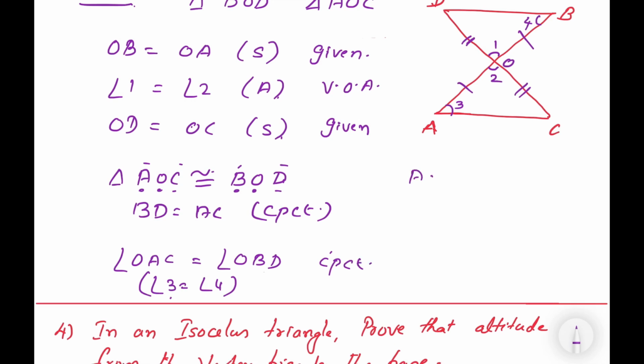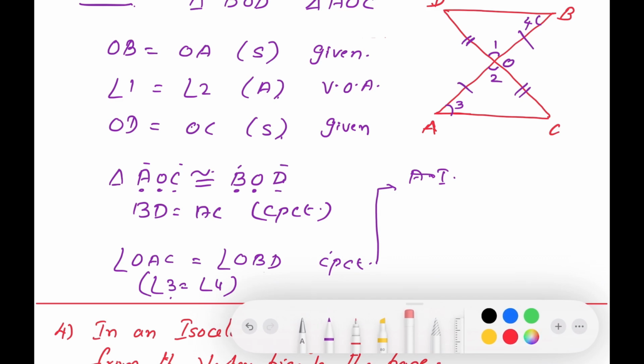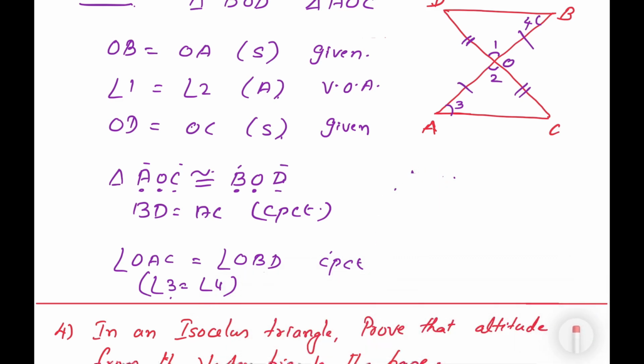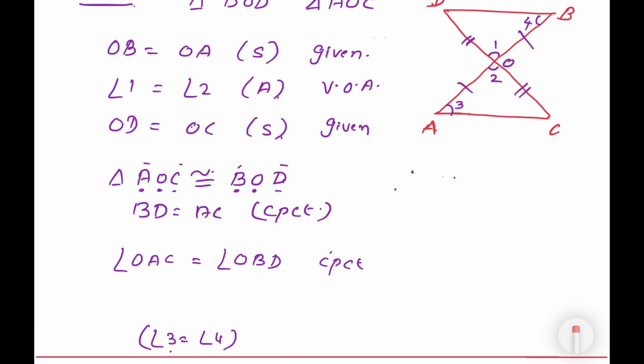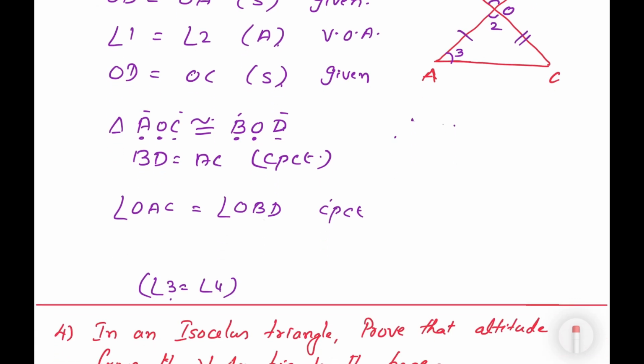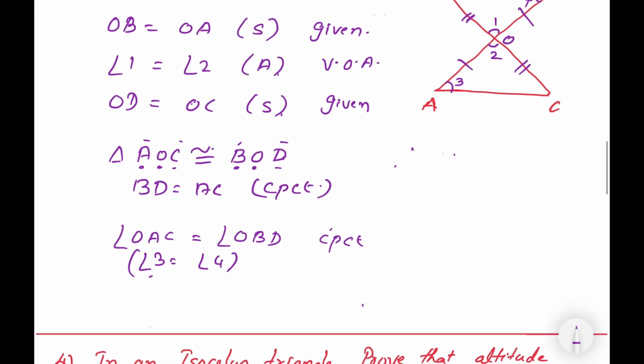So alternate interior angles are equal, angle 3 equal to angle 4. So since alternate interior angles are equal, therefore BD is parallel to AC. Hope it is clear.